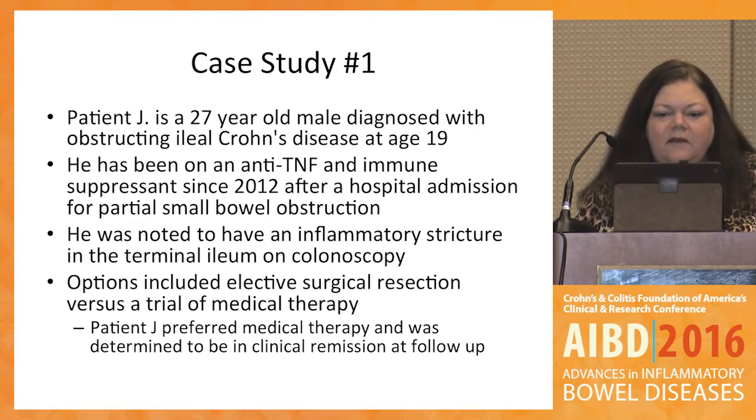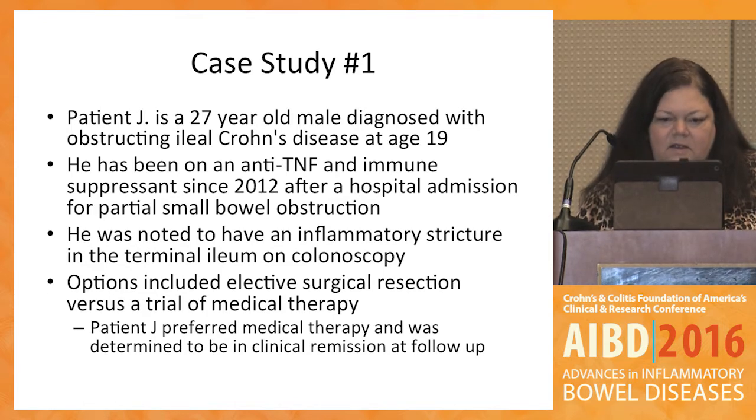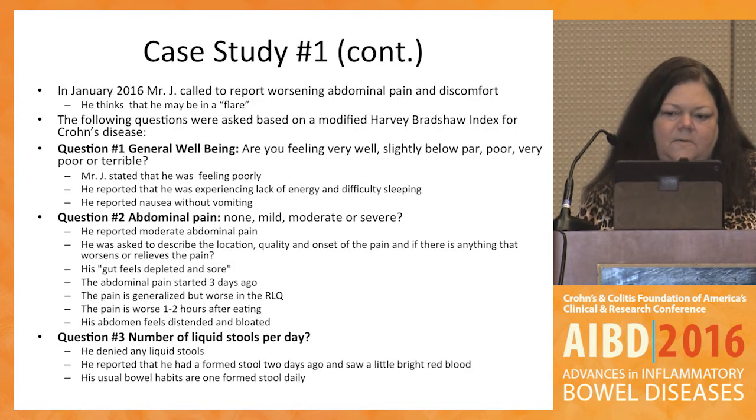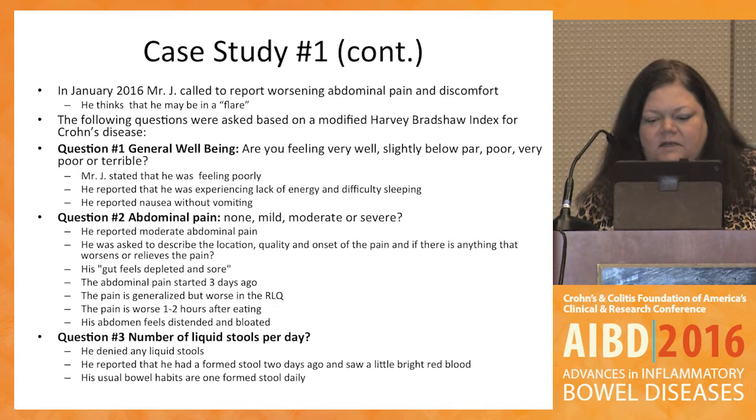He was noted to have an inflammatory stricture on his colonoscopy, and he had the option of either a surgical intervention electively or medical therapy. So he decided to go with medical therapy, obviously.